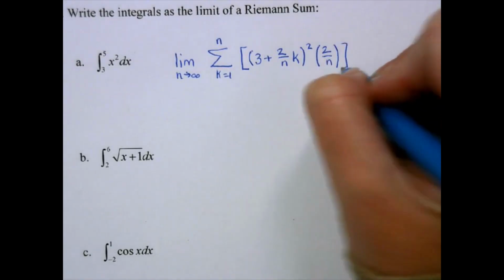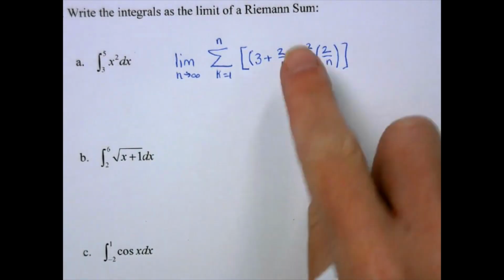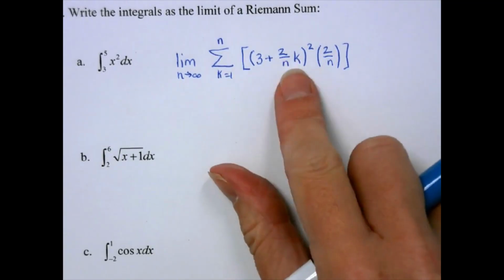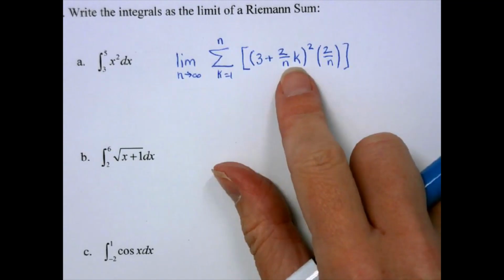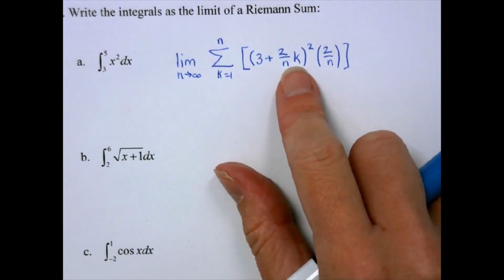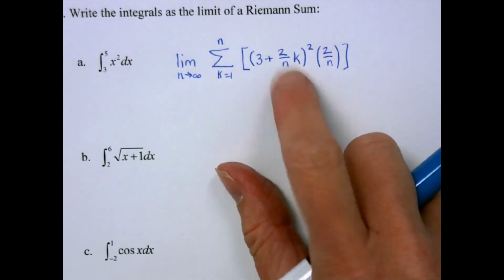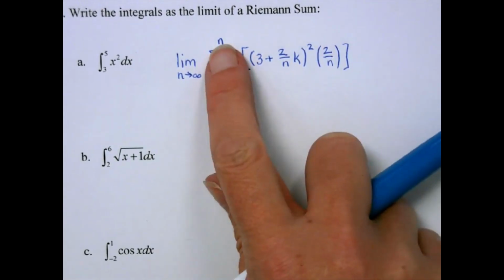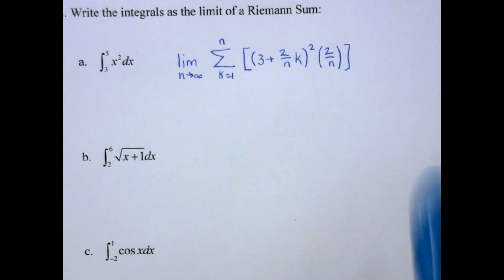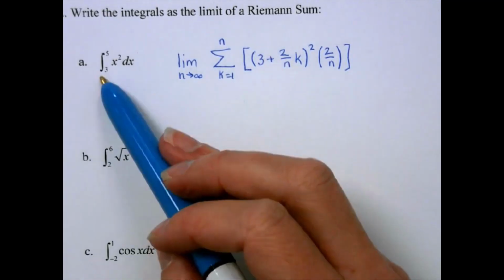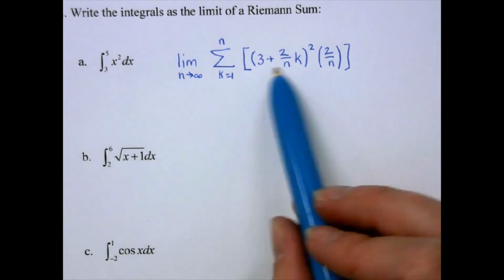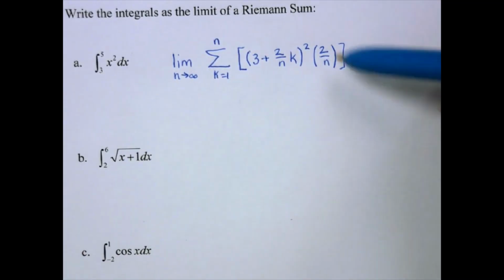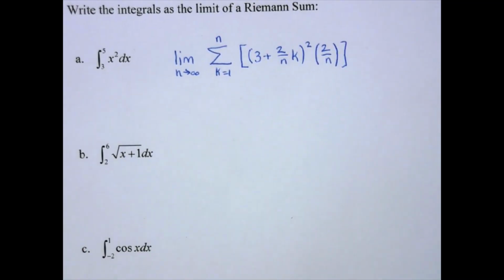Okay. So the parts, we're taking k, and that's going to increase my x value. Okay, so we're adding on 1 2 over n, 2 over n's, 3 2 over n's, and so on up to n number of n's. The 3 came from the starting value because we started at 3, then we started adding on those 2 over n's, and then our width is just 2 over n. Okay, so that's kind of the structure here.